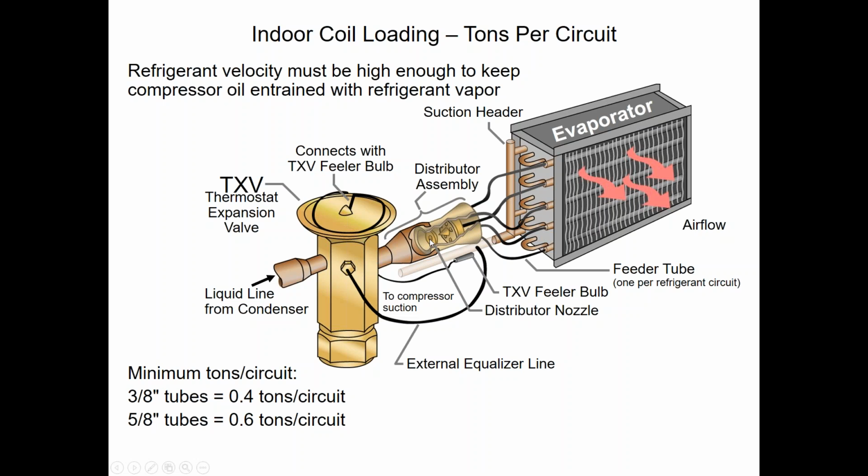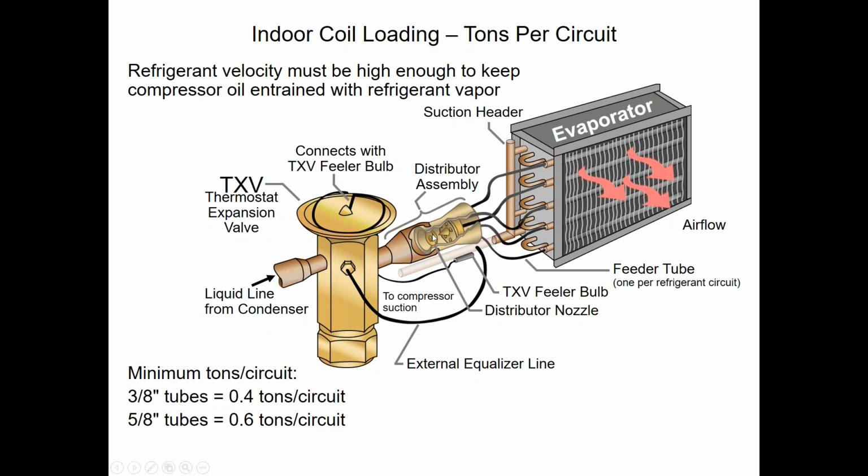But what that nozzle does is it takes the refrigerant coming off of the TXV, and if you think about a garden hose with a spray nozzle on it, that's kind of what it looks like here. It doesn't go from liquid on this side straight into a vapor state here. It doesn't do that, otherwise we wouldn't have superheat control in here either, but it's a spray that hits here.